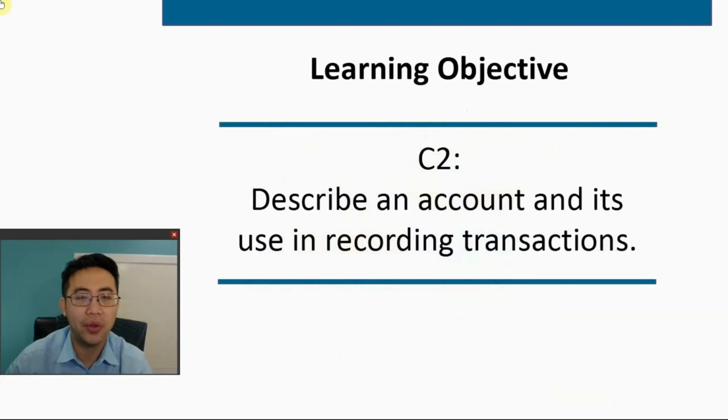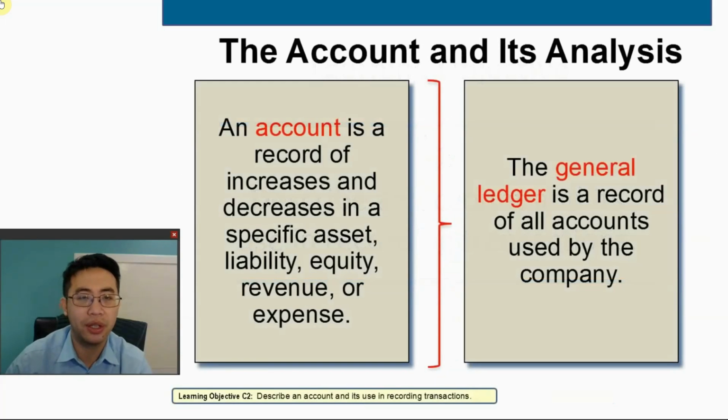So now let's learn how to record transactions. First of all, you should know what an account is. And that basically defines the entire discipline of accounting. An account is a record of increases and decreases in a specific asset, liability, equity, revenue, or expense.